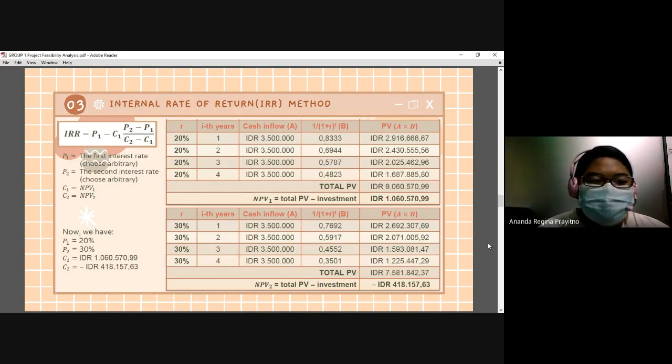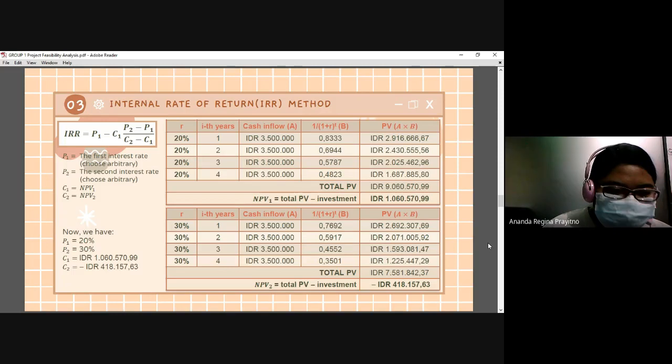Next is the internal rate of return or IRR method. The formula is the same, and first we choose the interest rates. The first interest rate is 20% and the second interest rate is 30%.